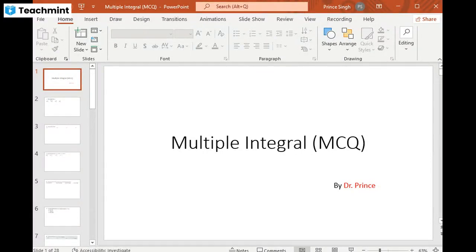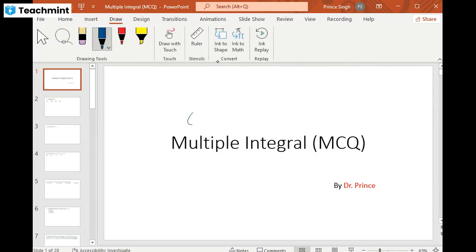Basically, in this video we are going to discuss some MCQ type problems based on the topic of multiple integral, in which we are going to cover the problems based on the double integral, how to evaluate the double integral, how to calculate the area bounded by the curves, and change of order of integration, and then of course the problems of the volume bounded by the surfaces.